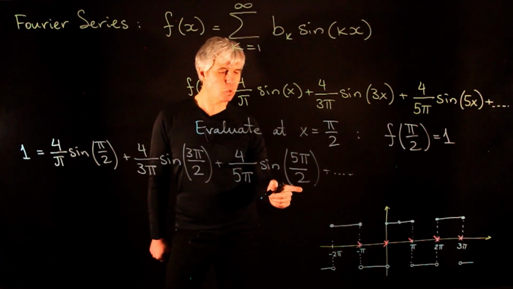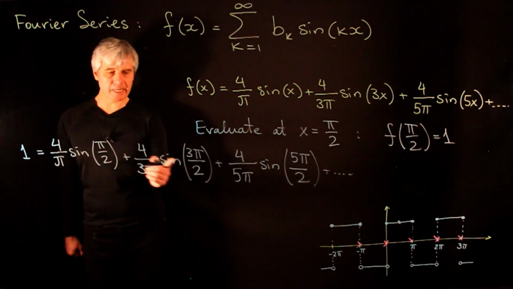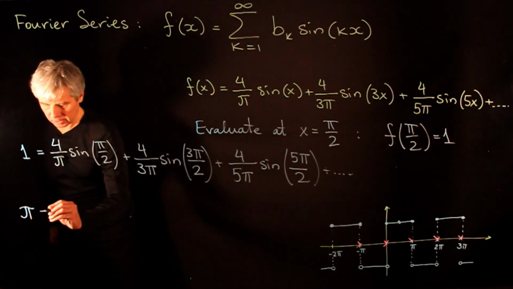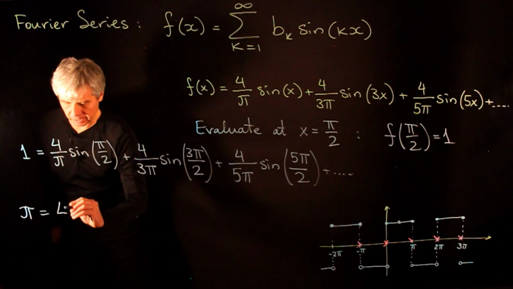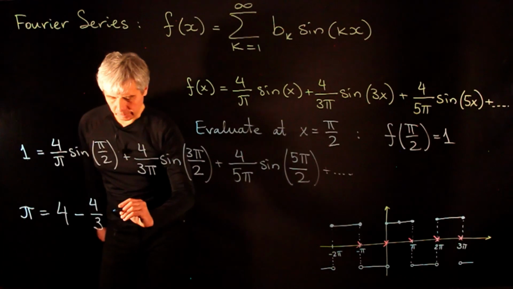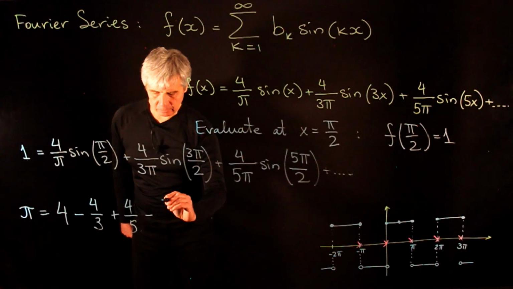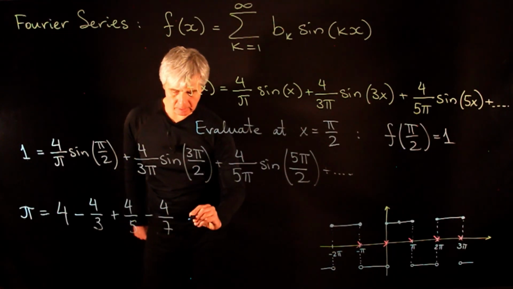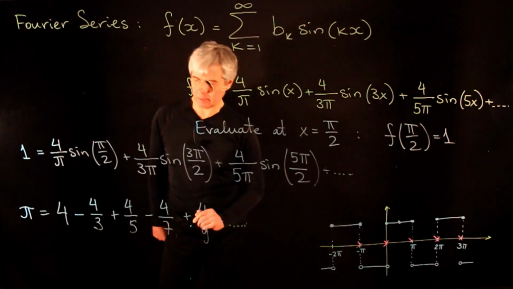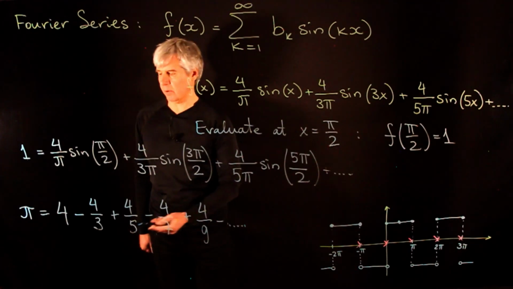The third one is +1 again, and so these will alternate. And if we multiply both sides by pi, then we get the following equality, that pi is equal to the following series: 4 minus 4/3 plus 4/5 minus 4/7 plus 4/9, and so on. So we see that this Fourier series gives us a remarkable identity for the number pi.